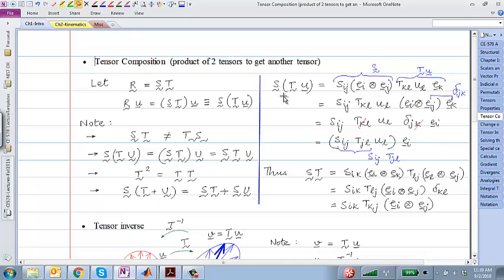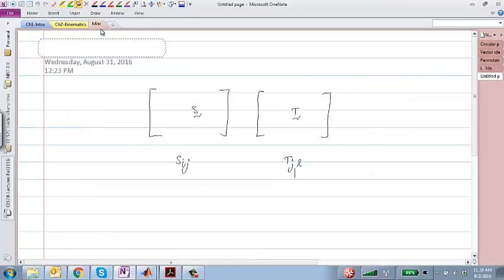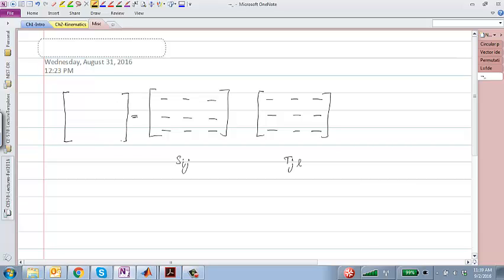Okay. The key thing that I wanted to show you last time here was that this product right here, Sij Tjl. If you remember what we were doing last time, we set that Sij Tjl is like the matrix multiplication of, let's say, those 9 terms here, 9 terms here, and the result of all of that is what?